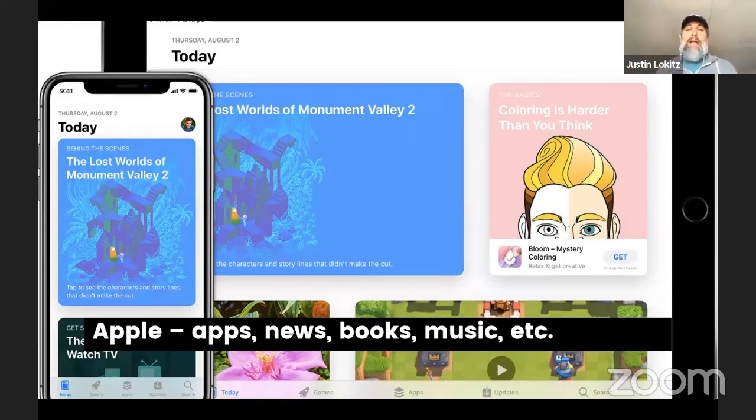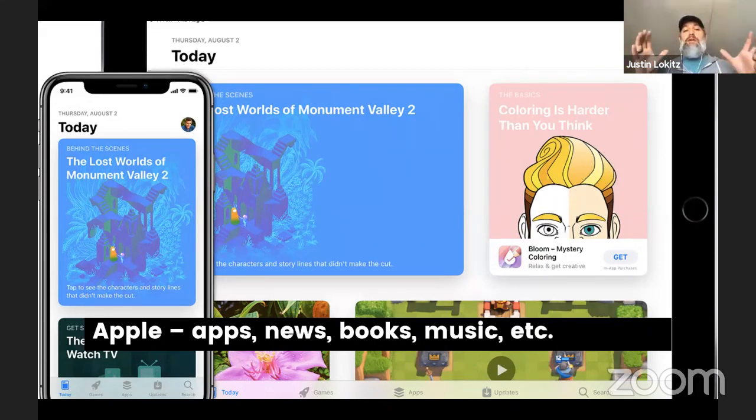However, what you may or may not know is that Apple, while it's still a huge hardware company, has largely started to set its future strategy not around hardware, but around services, platform services. So you can think of things like the App Store, the new Apple News, books, music, Apple TV Plus, right? Its new on-demand TV thing.